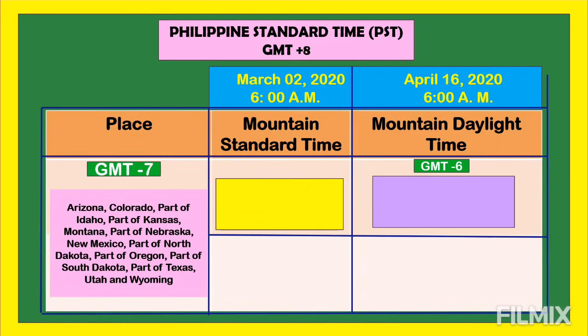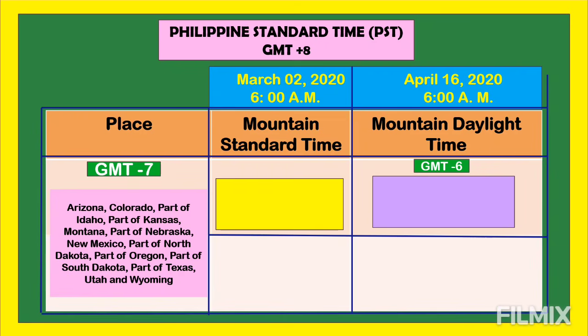They're using the Mountain Standard Time or the Mountain Daylight Time. But Arizona is not using a Mountain Daylight Time. They are just using the Mountain Standard Time. So, the exact difference between these places and the Philippine time is 15 hours. So, we're going to subtract to the Philippine time by 15 hours.